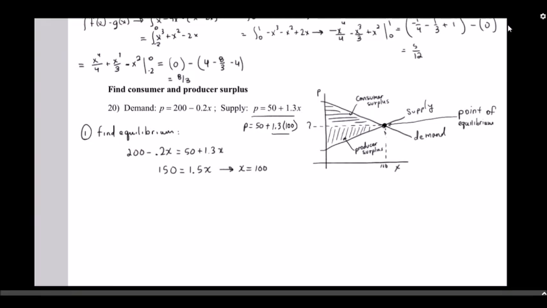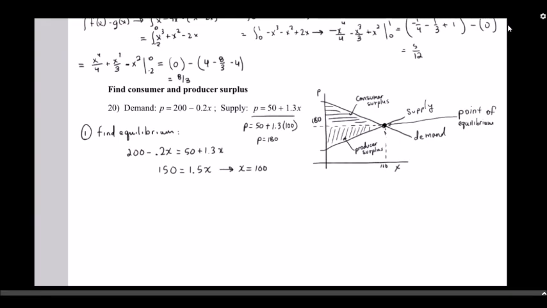That makes 130. If you add 130 to 50, you get p equals 180. So the market price, or the price dictated by supply and demand, that this good should be sold for, is $180.